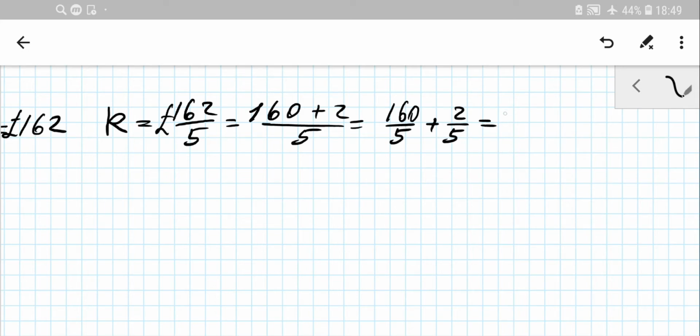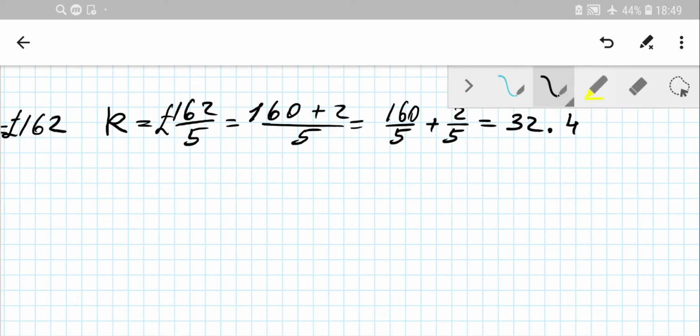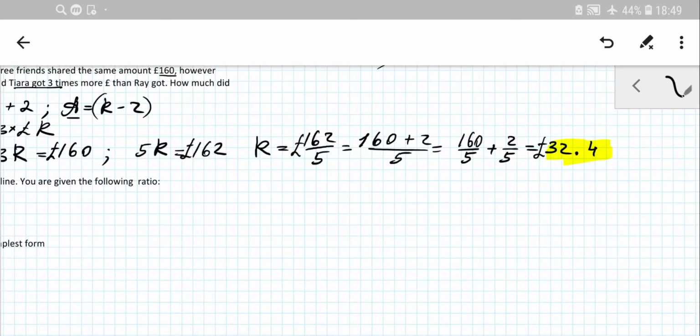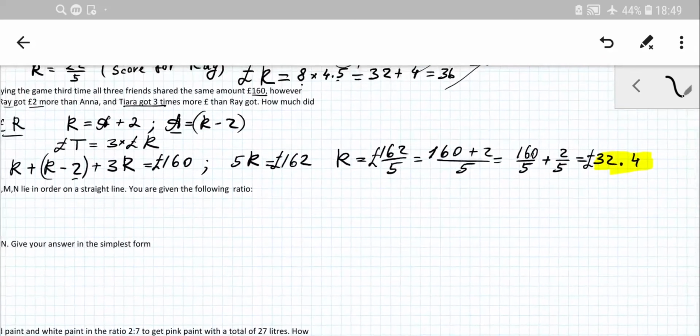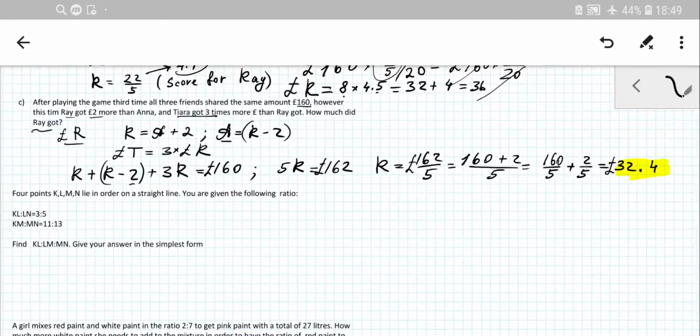So 16 times 2 is 32. You can check yourself by multiplying back by 5. And then the rest part, 2 over 5 or 4 over 10, so 0.4 in the end. That's how many pounds Ray got in this case. So that's the answer for Ray. Okay, this is the answer for part C.